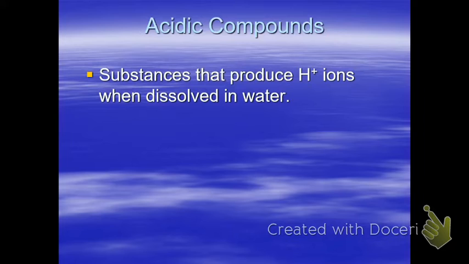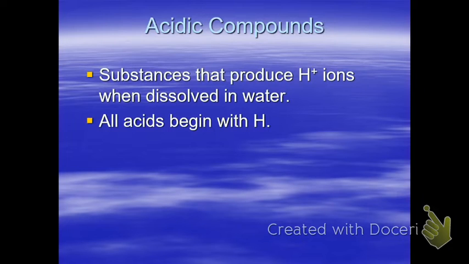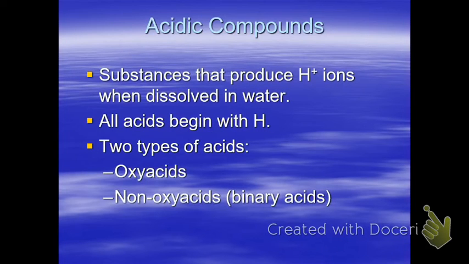We've talked about how acids are things that donate hydrogen ions. They release hydrogen ions into the water. How do you recognize an acid? All acids are going to start with hydrogen, all compounds. And there's two types of acids in this world: oxy acids and non-oxy acids, or that second type is sometimes called binary acids.